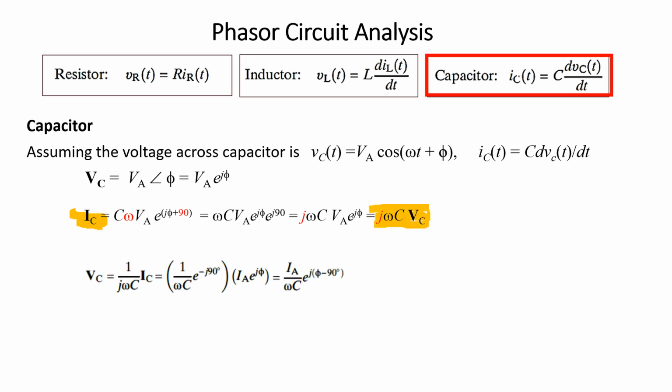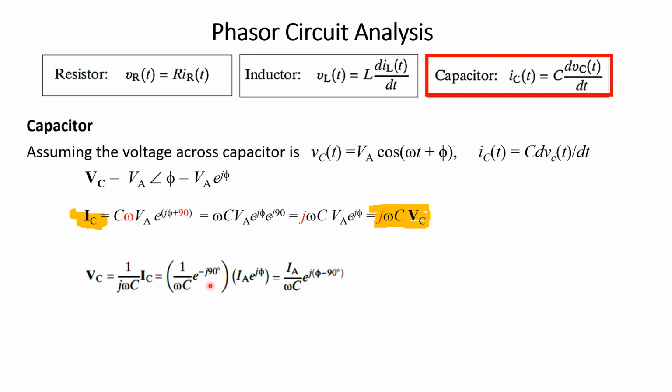Now what is Vc then? This Vc is equal to IC divided by j omega C. You have seen Ohm's law, V is equal to Ri. So this is a resistance-type thing, though we call it capacitive reactance here. Further, we can express it in this form or in this form.